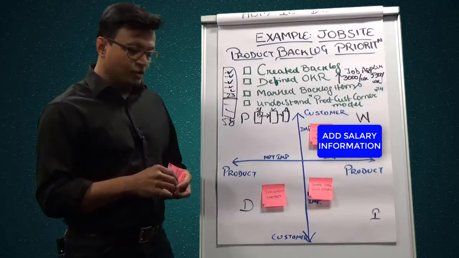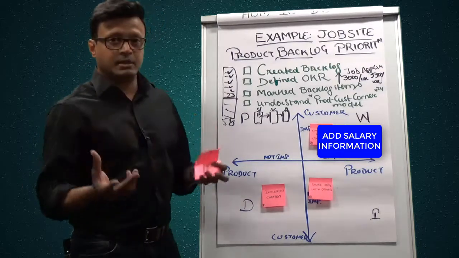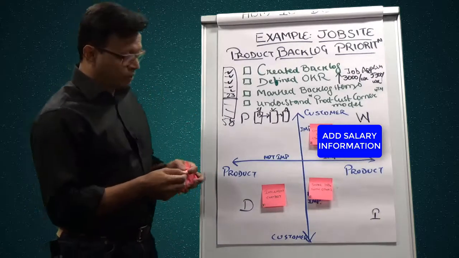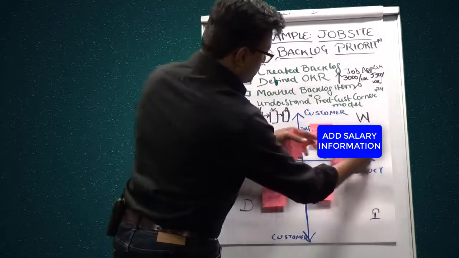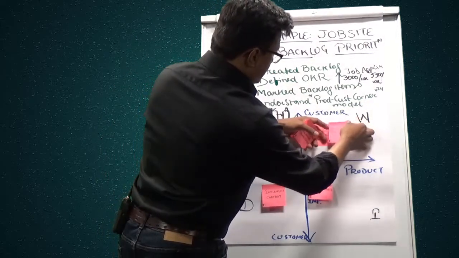And that's good for the product, because that completes the information on the job, and it's important for the customers as well. They will apply to those jobs more, and hence I will put this in this quadrant, that yes, it is important.